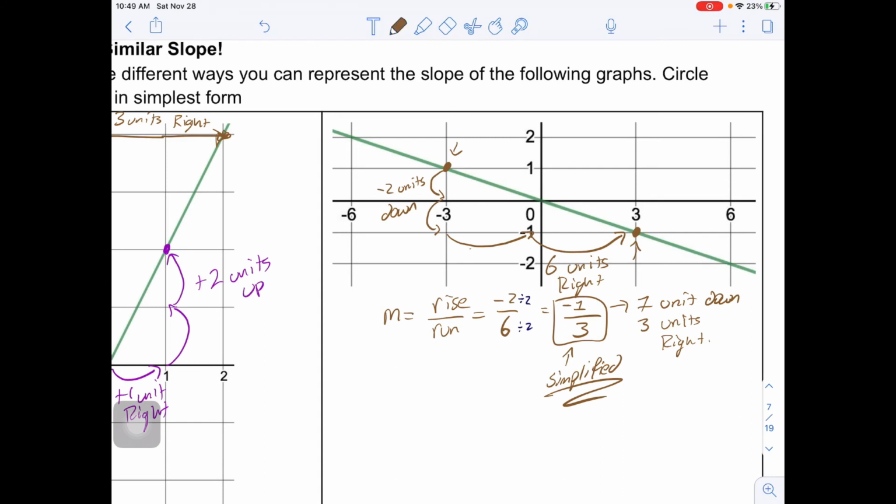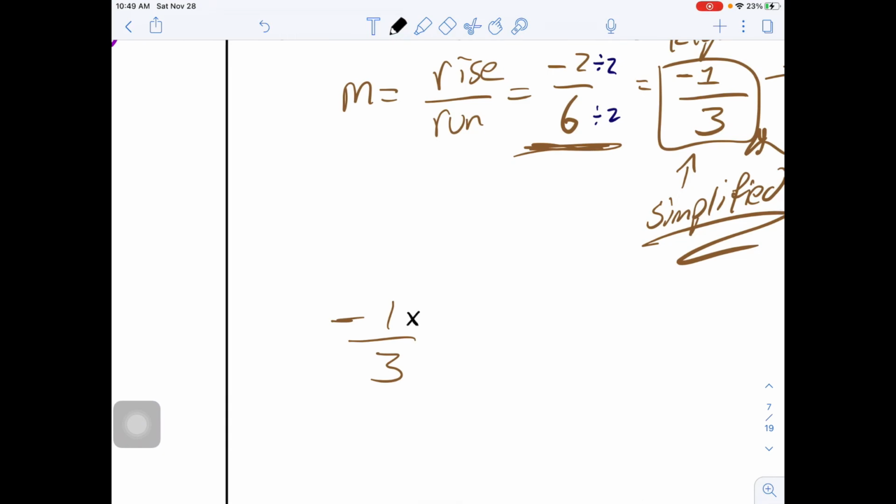So we have one way to represent our slope, and we have our simplified version. Let's write one more. Let's go -1 over 3, and let's actually multiply it by a negative number this time. Let's see what happens. I'm going to multiply it by -3 and -3.